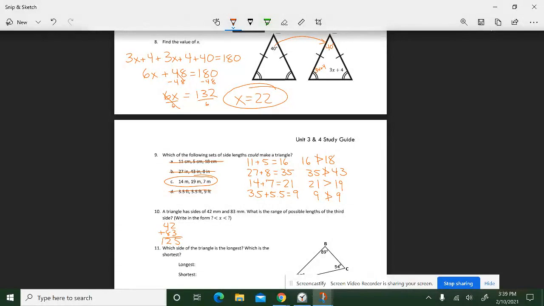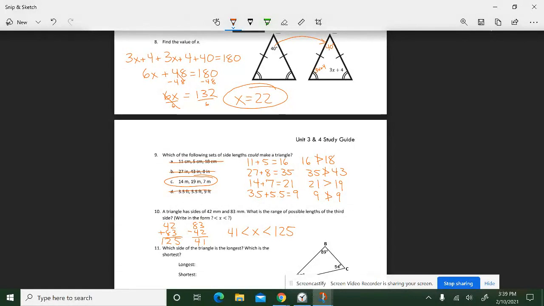You're also going to subtract them. So I'm going to take 83 minus 42, and correct my mistake, I get 41. So I know that to make a triangle with a side of 42 and a side of 83, I need a number that is bigger than 41 and less than 125.